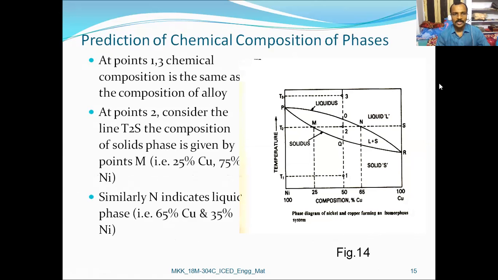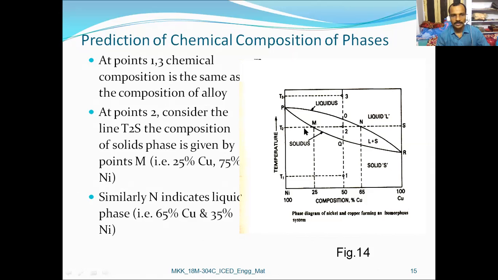Now at points 1 and 3, the chemical composition is the same as the composition of the alloy, nothing but 50% nickel and 50% copper. At point 2, consider the line T2S.